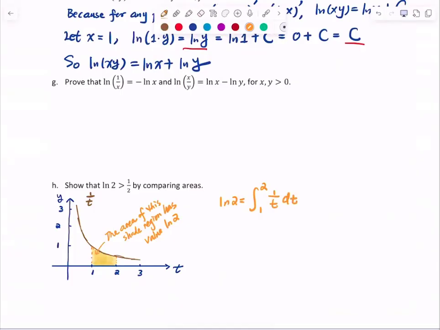And what's 1/2? This portion, the area of this rectangle.